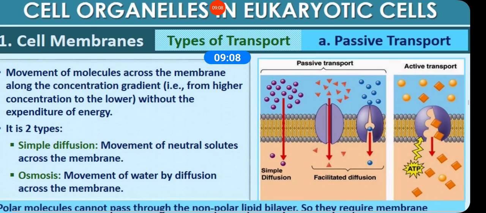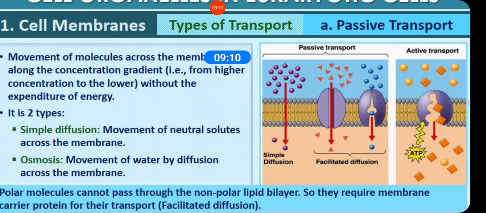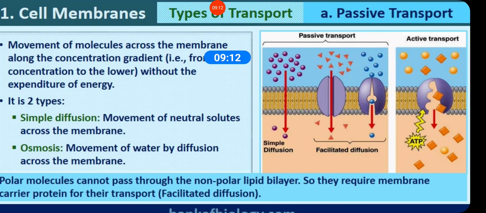So, movement of molecules across the membrane along the concentration gradient. There are two phrases you will be going through repeatedly: along the concentration gradient and against the concentration gradient. Along means the things are moving from higher concentration to lower concentration without the expenditure of energy.